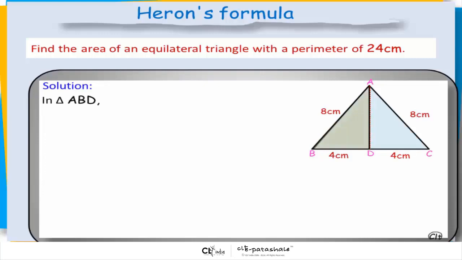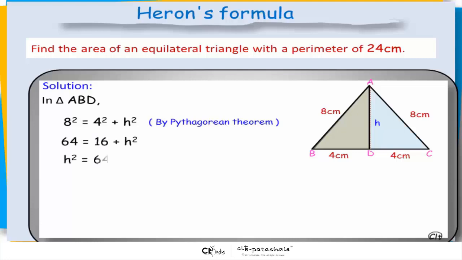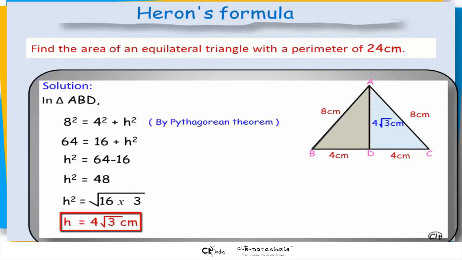In triangle ABD, 8 square is equal to 4 square plus h square. This is from the Pythagorean theorem. So, h square is equal to 64 minus 16 or 48. Therefore, h is equal to 4 multiplied by square root of 3 centimeters.